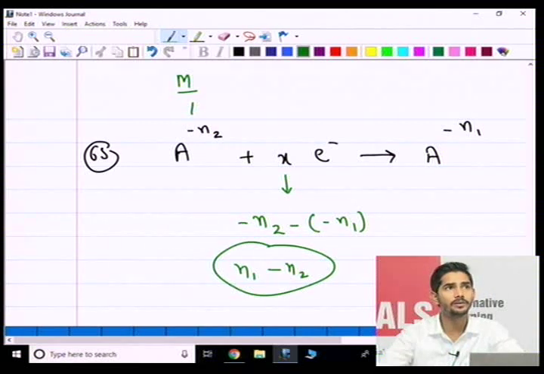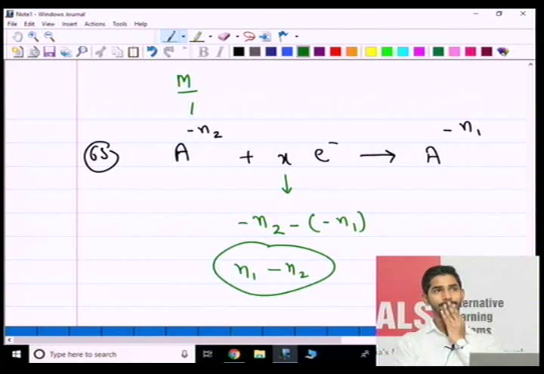Is this statement clear to you? Or do I need to take another example? I have just calculated the n factor, nothing else.